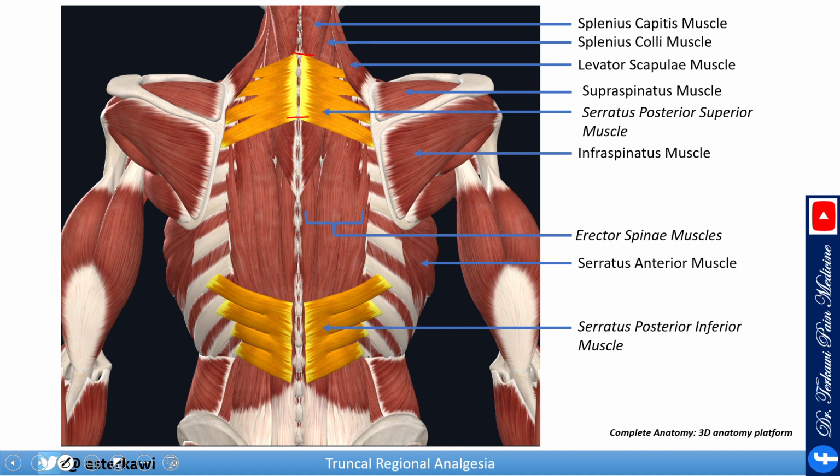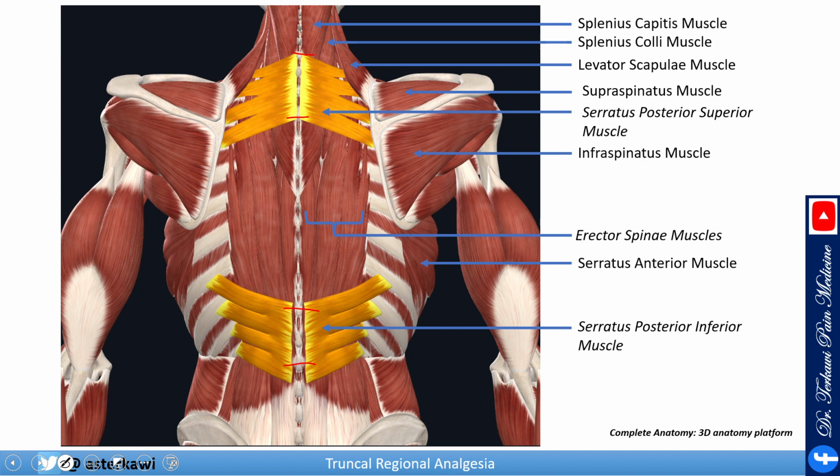But this muscle, the serratus posterior inferior, originates from the spinous processes of T11 to L2. And it inserts in the inferior border of the 8th to 12th ribs near their angles.